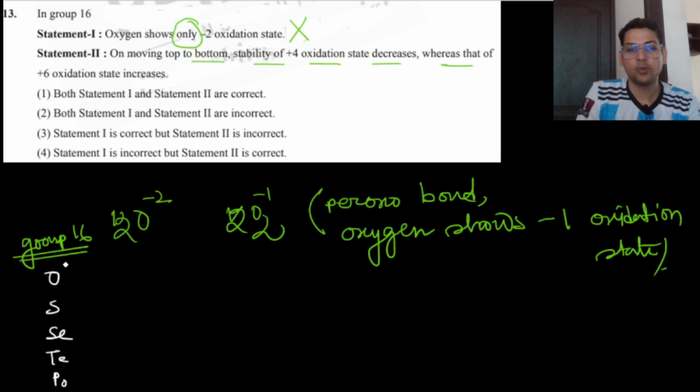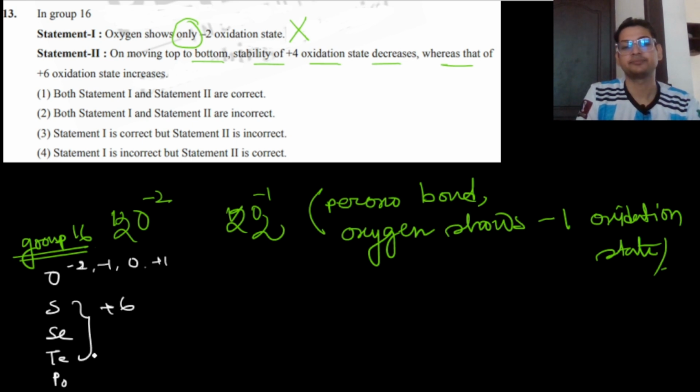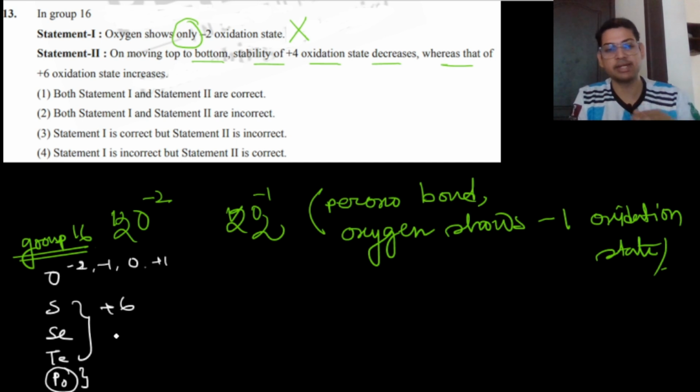Oxygen can show -2, -1, 0, and +1 also. Sulfur and the others can extend their valency till +6, but always the last element, please listen carefully, always the last element shows whatever is the highest oxidation state minus 2.